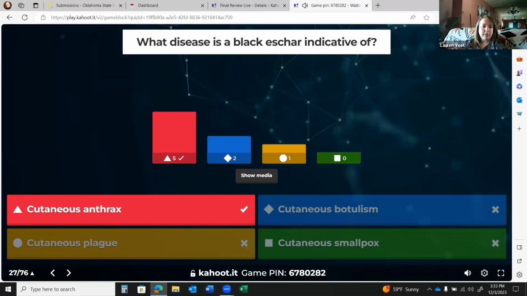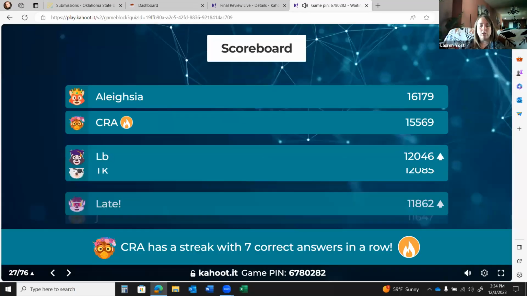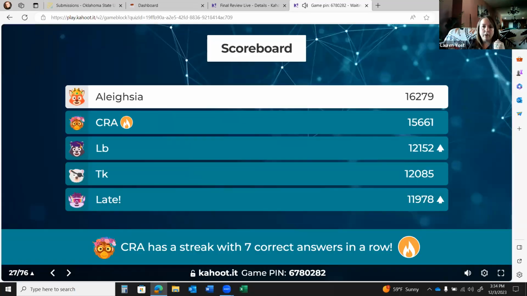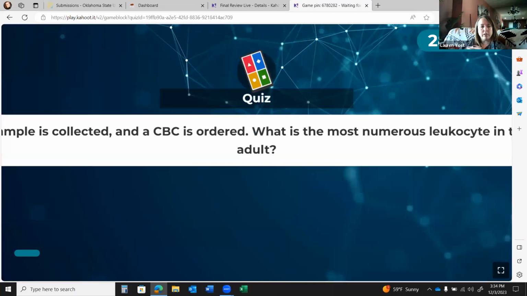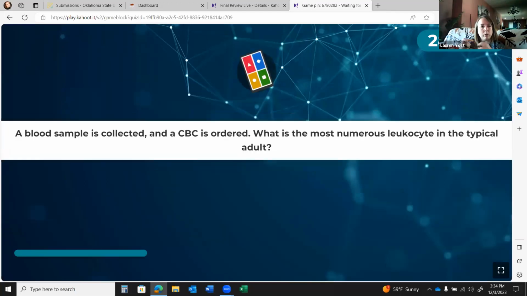Yep, most of you guys got this one. This is going to be cutaneous anthrax. The black sore is always indicative of that. You don't really see it much in any other disease, not that way, so contained.